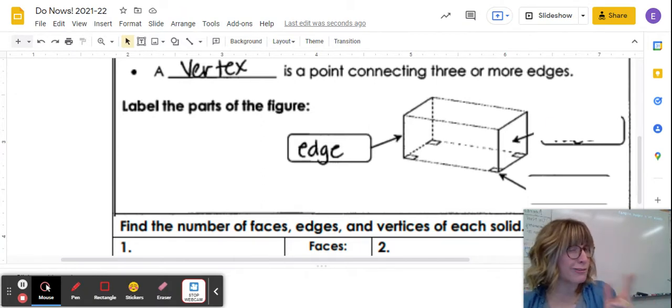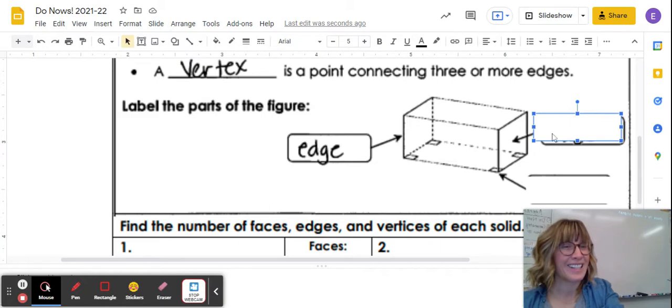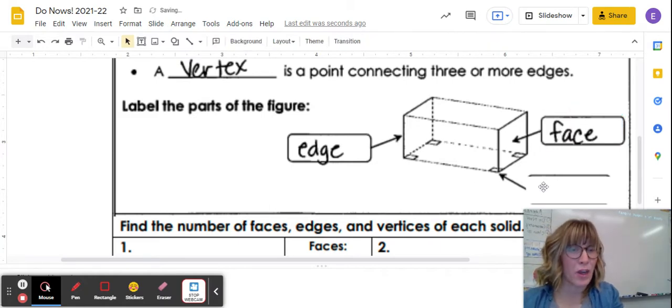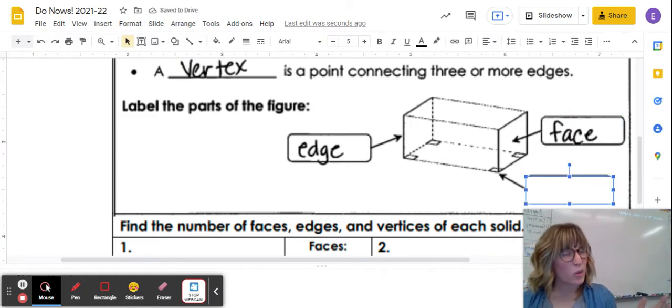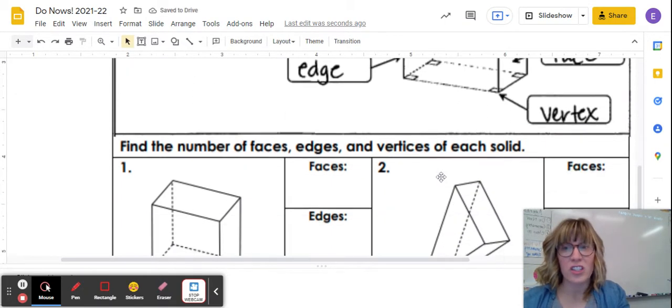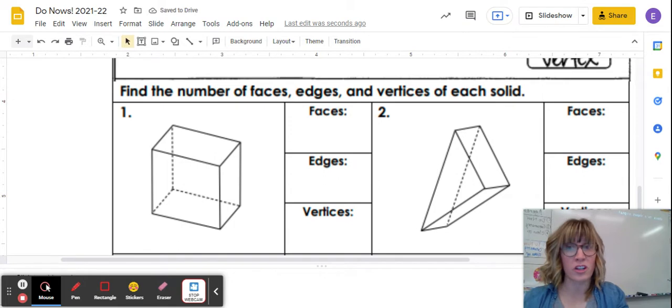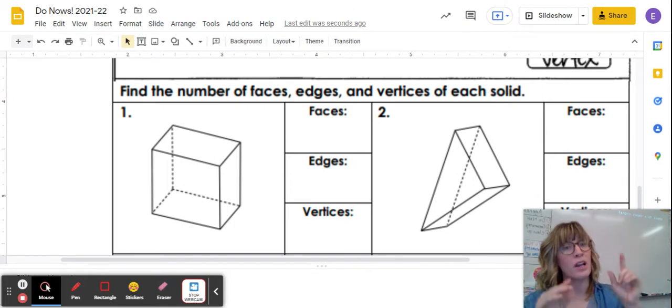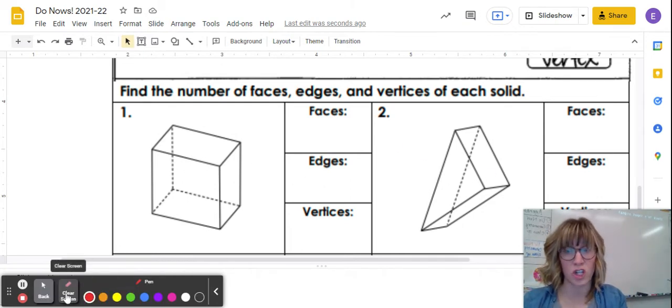What might that be called? Do you remember? Yep, it's the face. And then the corner. What's the fancy word for a corner in a three-dimensional shape? It's the vertex. So your job here is to find the number of faces, the number of edges, and the number of vertices or corners that each of these solid three-dimensional shapes has.